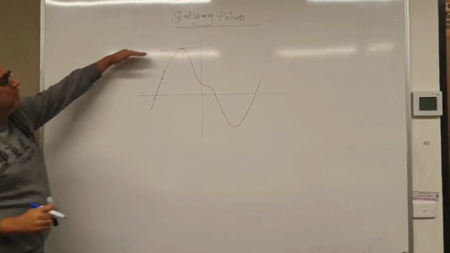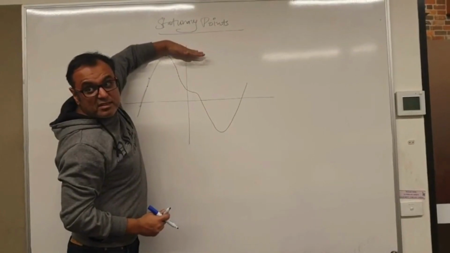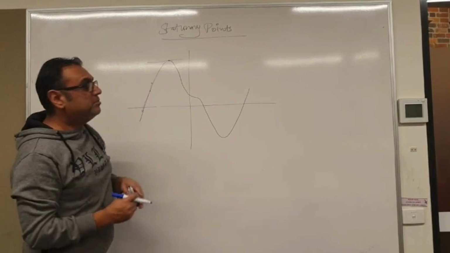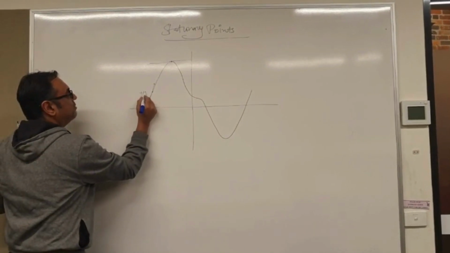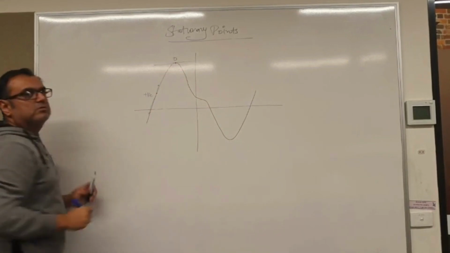This looks parallel to the x-axis. Something like this. What's the slope of the tangent, Ayushka? This slope must be 0.